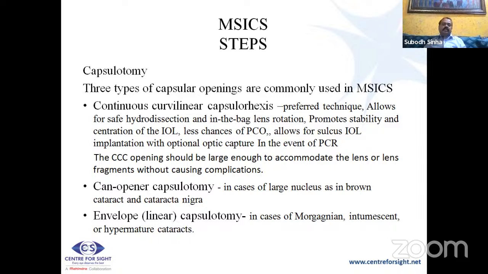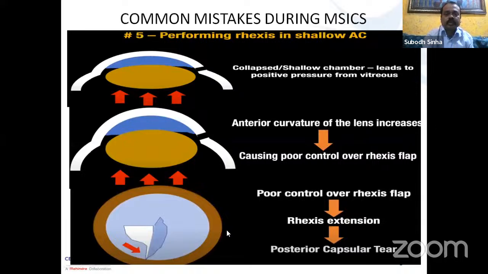In case of morgagnian and intumescent hypermature cataract, you can also do it safely with envelope capsulotomy, which again has the advantage that you can put the lens in front of the anterior capsule in case of any PCR. While making the rhexis, the universal precaution is that your anterior chamber is well formed. That helps better control and prevents peripheral extension of the rhexis.